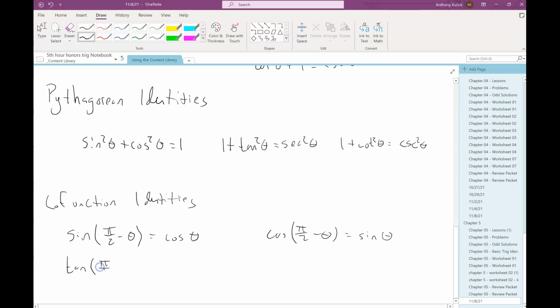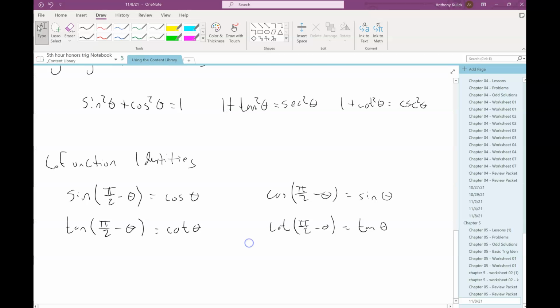And then tangent and cotangent have a similar relationship. Those are cofunctions. And secant and cosecant are also similarly related.